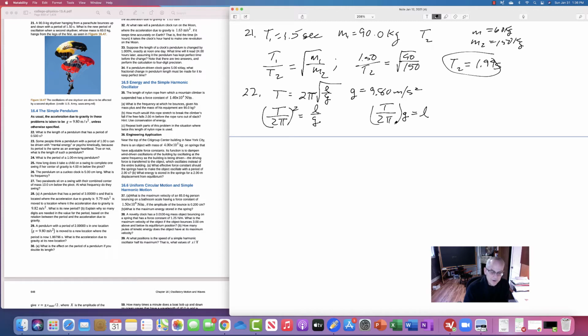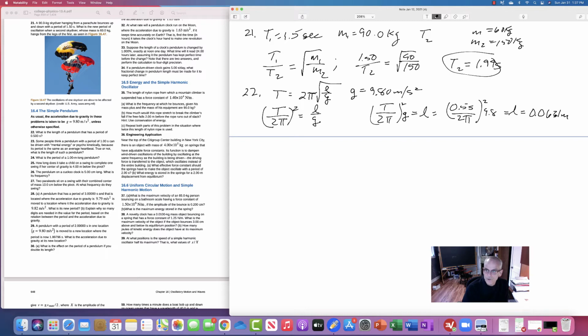And now we put our numbers in. The period for this problem is 0.5 seconds, and 2 pi here, and then the 9.8 equals L, and L is going to be, if you do the math here, 0.0621 meters, because g is in meters per second squared.